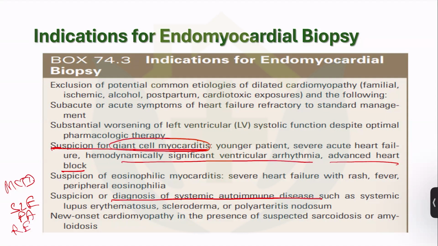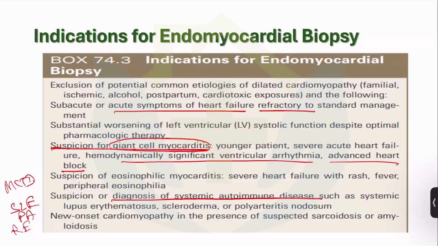If there are acute symptoms of heart failure with refractory management, then you have to do it. So mostly giant cell myocarditis before using steroids, acute heart failure, refractory arrhythmias, and systemic rheumatological disease: then you have to do the endomyocardial biopsy.